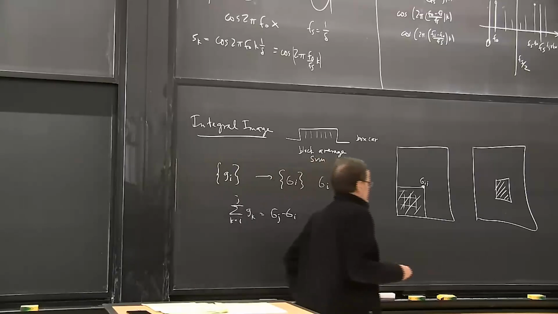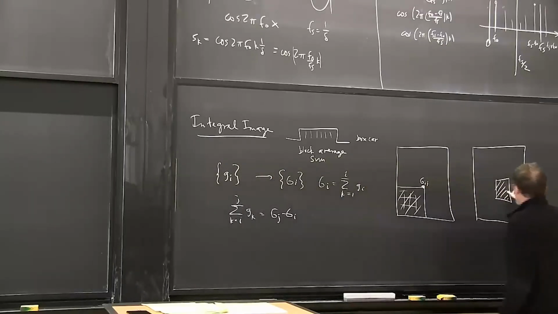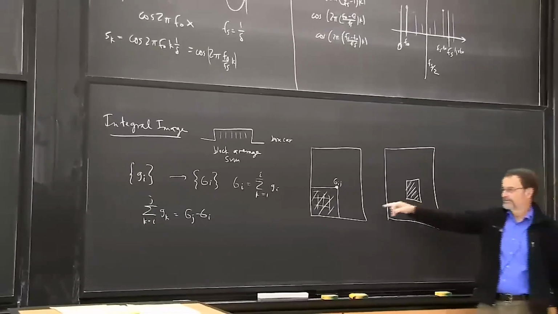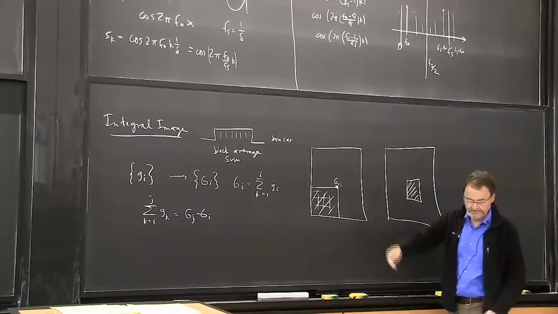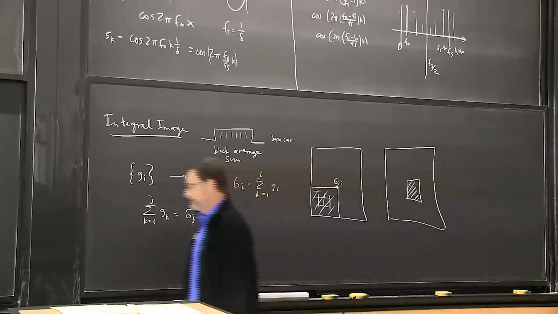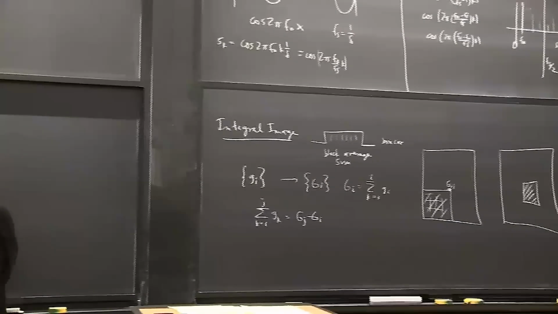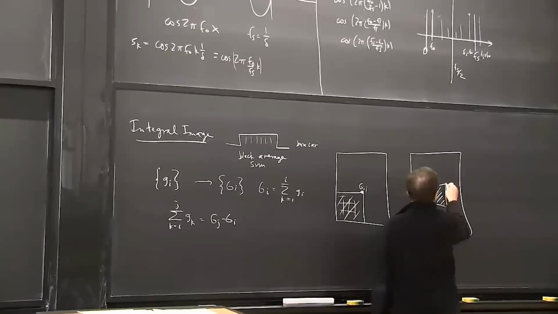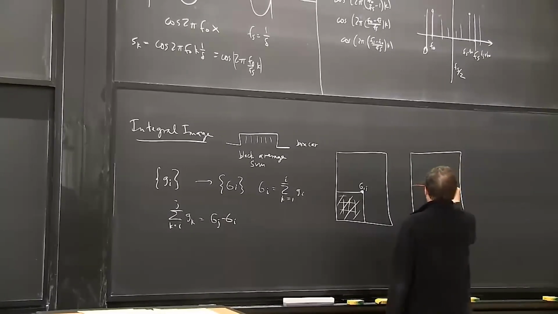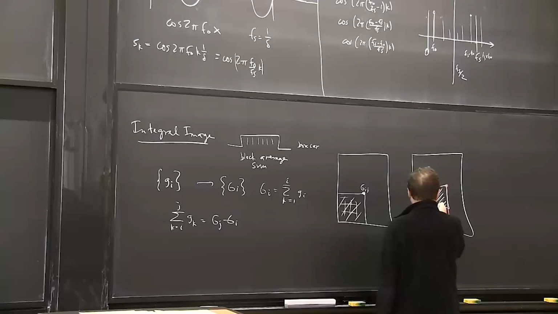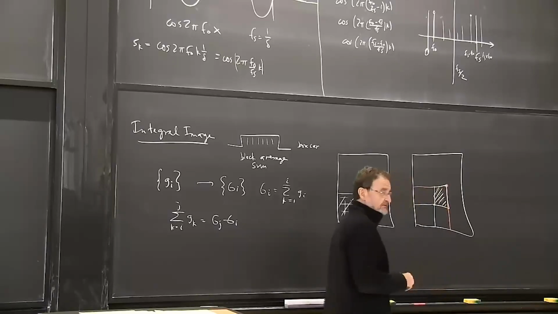So let's see. Suppose I want the total over this rectangle. How can I compute it from the integral image? It's not completely obvious, because if I just take the value at that corner, that's the total of all of these, so that's not what I want. If I take the value at this corner, that's the total of all of those, so maybe I should subtract that.